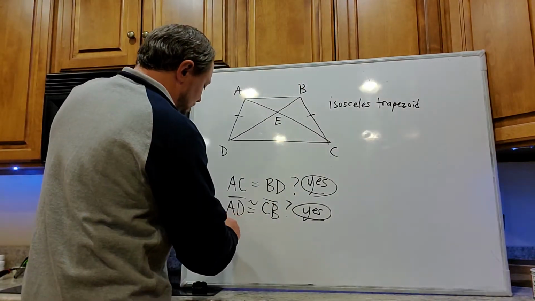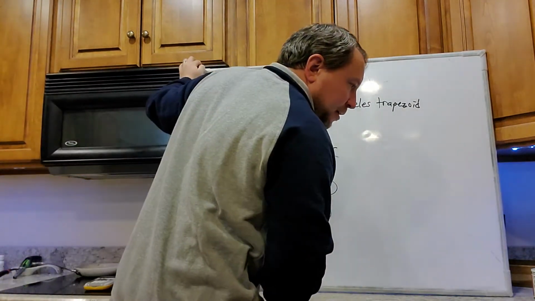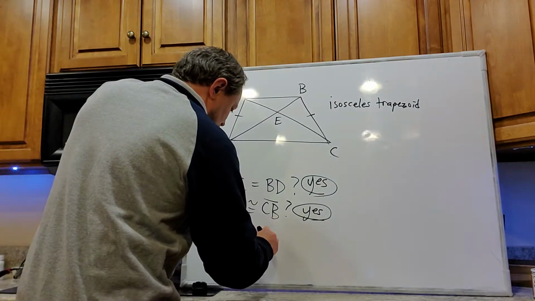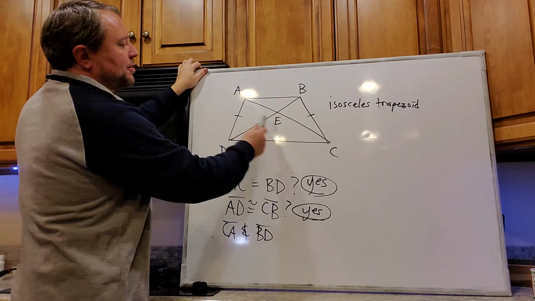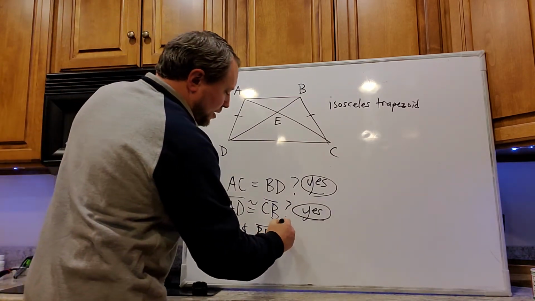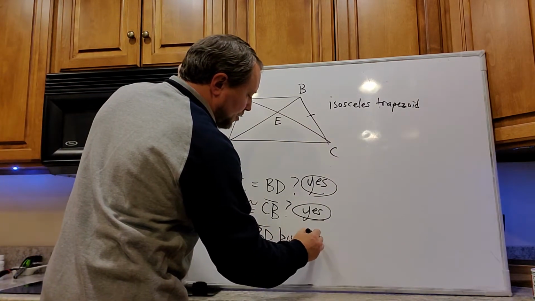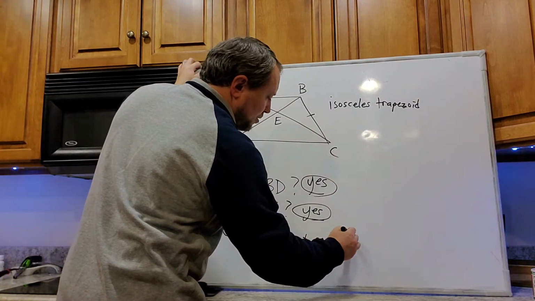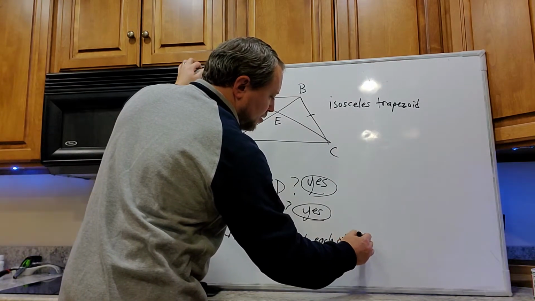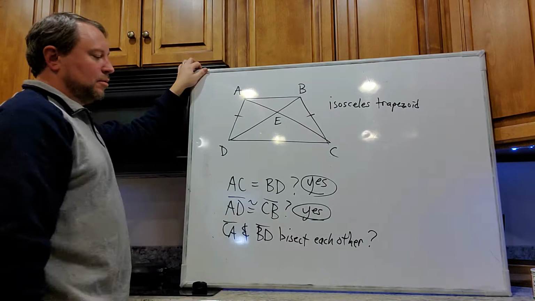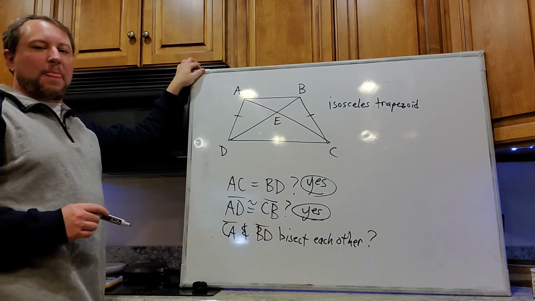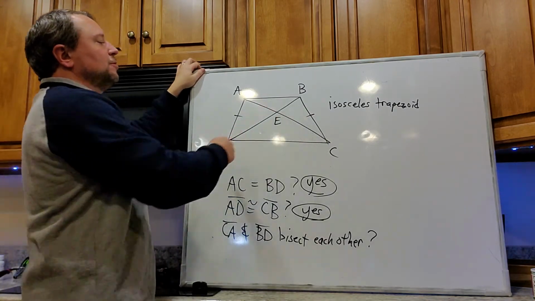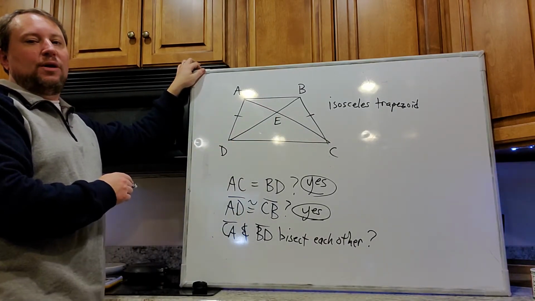Okay, next question. Segments CA and BD bisect each other. Do segments CA and BD bisect each other? So do the diagonals bisect one another?